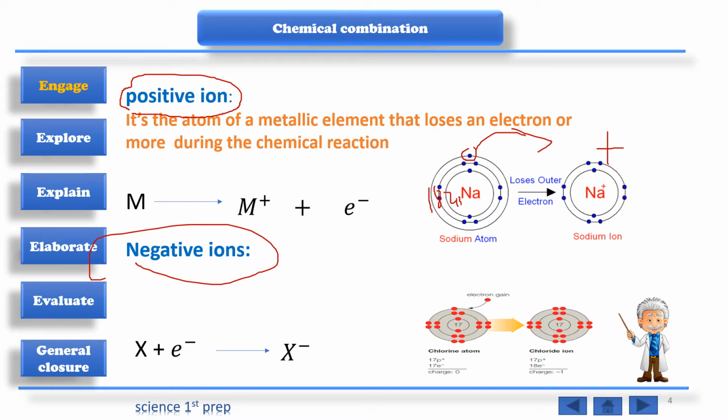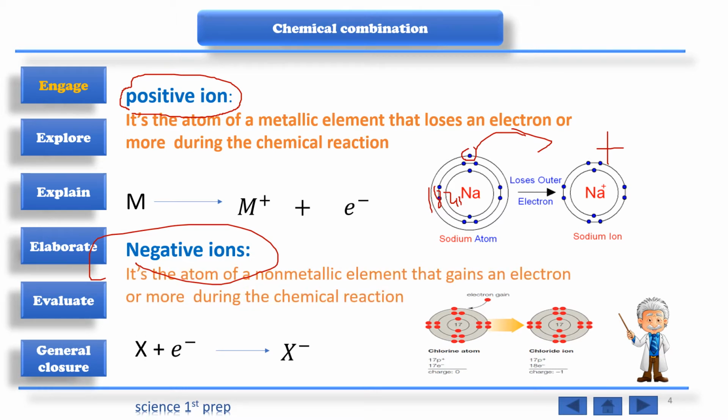And here we said that a negative ion is the atom of a non-metallic element that gains an electron or more than one electron during the chemical reaction. And it becomes a negative ion, because the number of negatively charged particles becomes more than the number of positively charged particles.